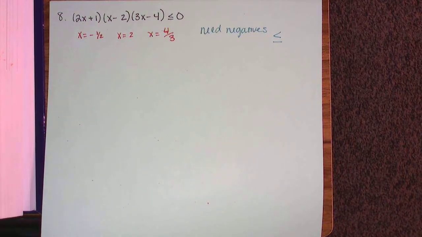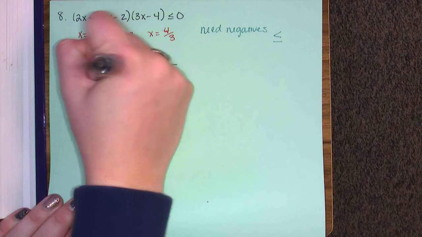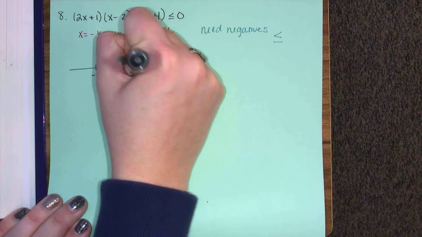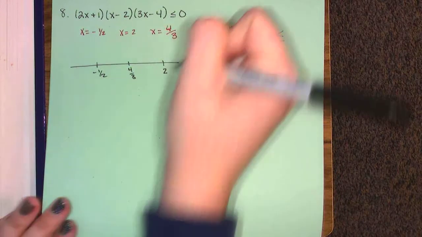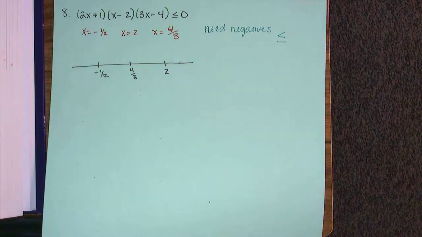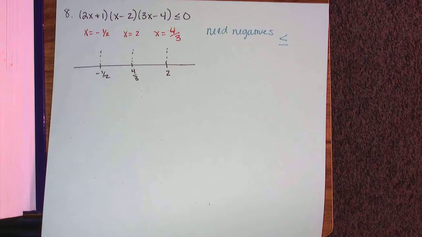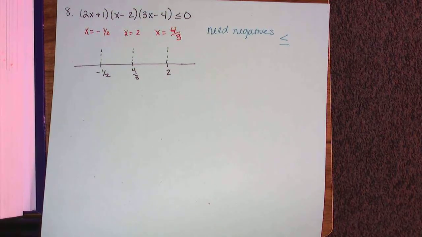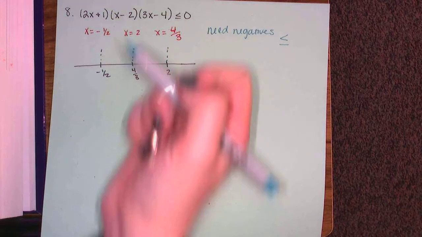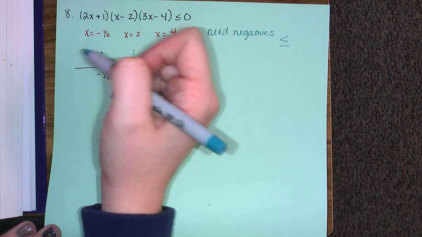Okay, so I can create my sign chart. I still have to test in all the different ranges, but I'm only looking for the ones that are going to end up being negative. So what are my values all the way over here? Tell me what it will be in each of these.